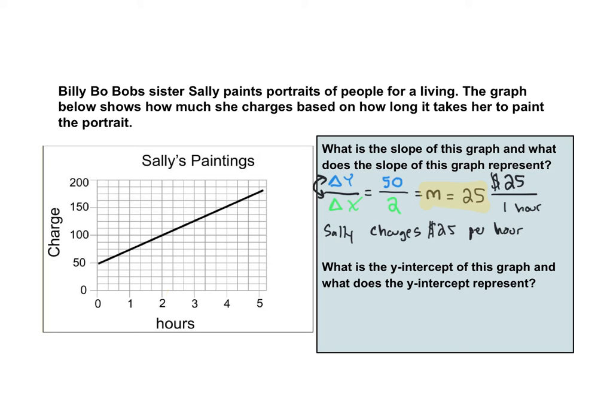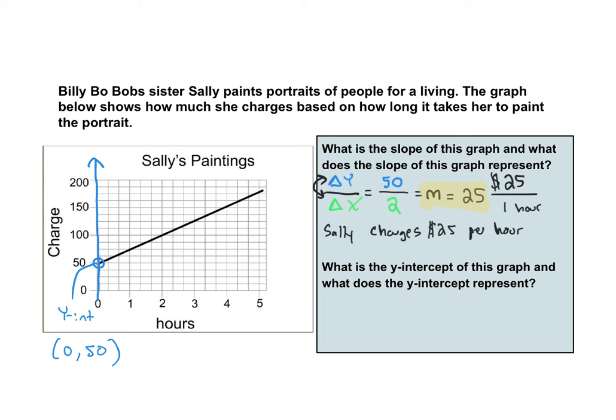So again, my y-intercept is where the line of my graph crosses my y-axis. So here's my y-axis, and here's the point where that line crosses. So that is my y-intercept, and that is the point 0, 50.